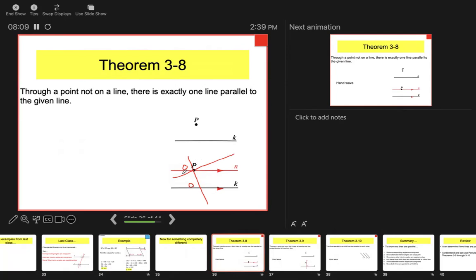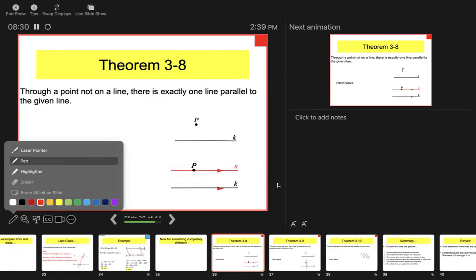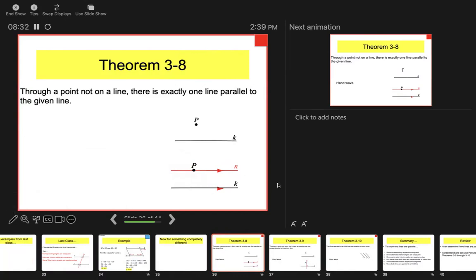Well, that would mean that this piece right here would need to be added to this measurement right here. And clearly that would not make it equal to the original angle right here. That's particularly why there is not another line that you can draw through P. In fact, there's only one line through P, and we drew it, that is parallel to line K. This is called a hand wave proof. A hand wave proof is where I just really briefly talk you through the proof itself.